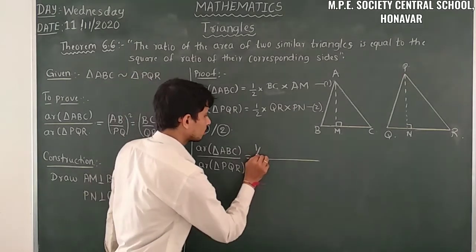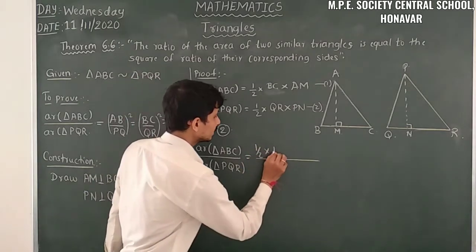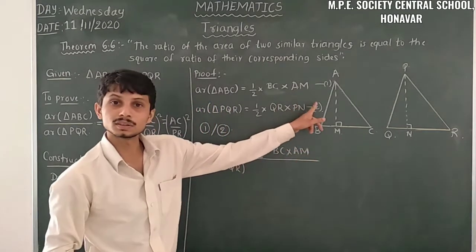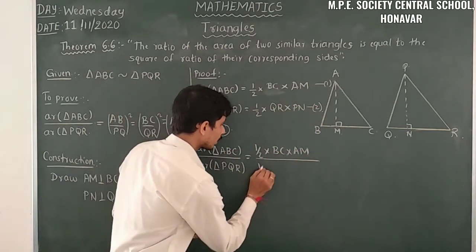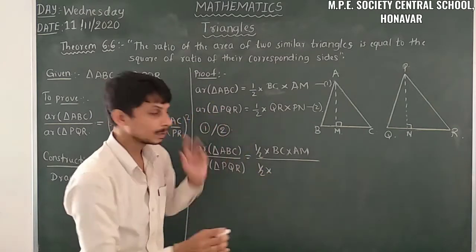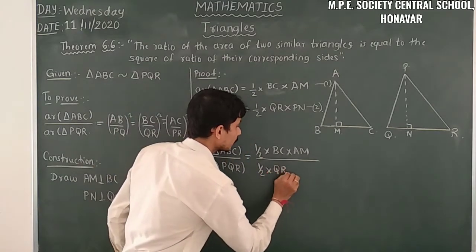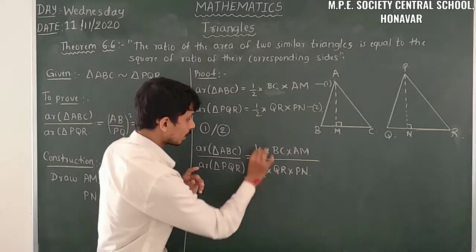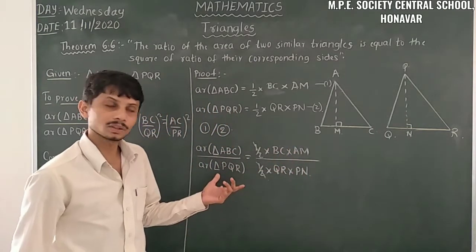So it is 1 by 2 into BC into AM. This is equation 1. Then 1 by 2 into QR into PN. Here we can cancel 1 by 2. So the 1 by 2 is cancelled.